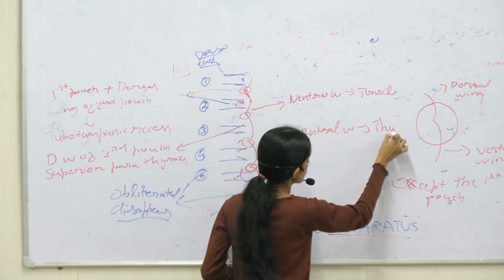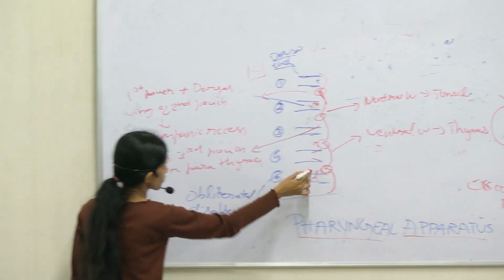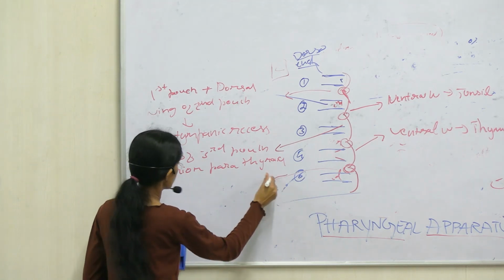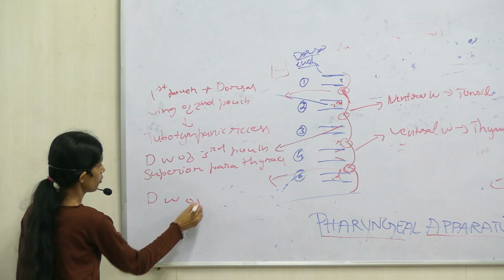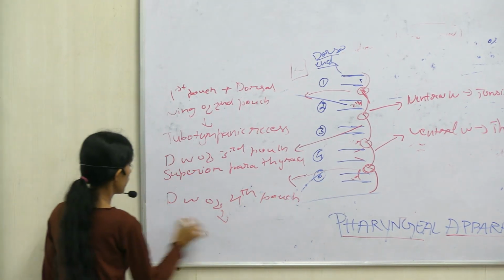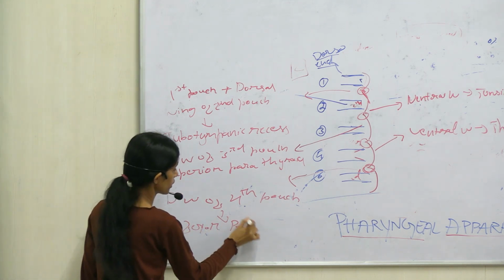The last one, that is the dorsal wing of fourth pouch give rise to inferior parathyroid.